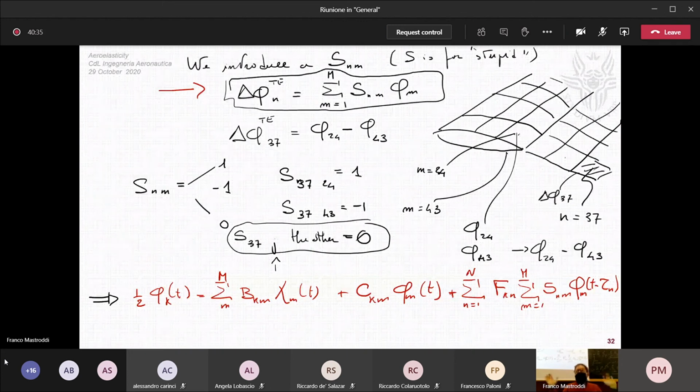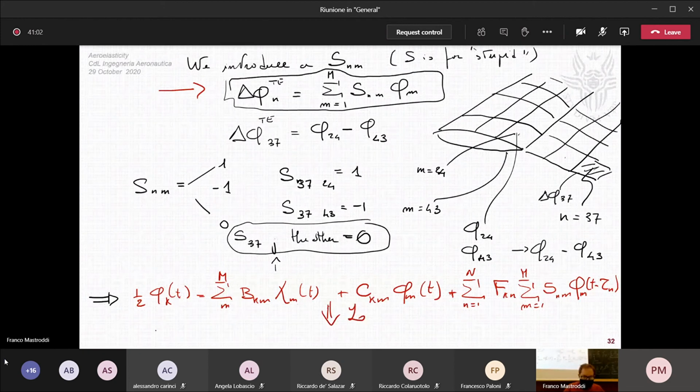Now we have finished. We just have to take a Laplace transform of this linear equation. Okay? So take the Laplace transform.